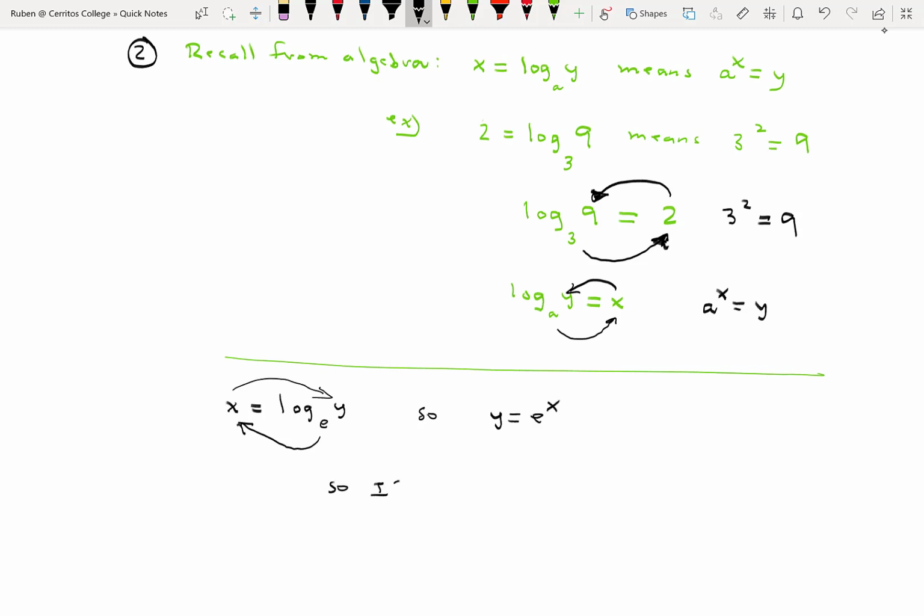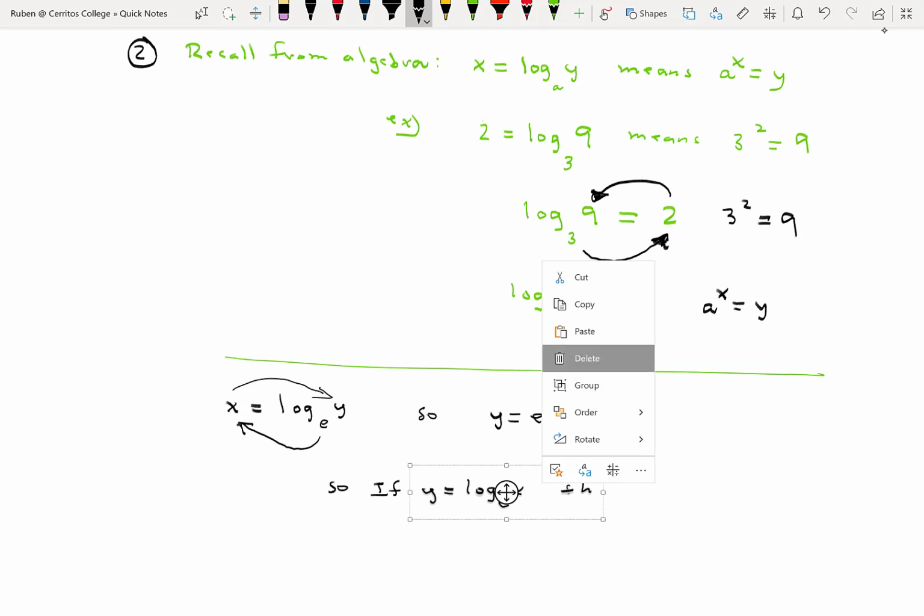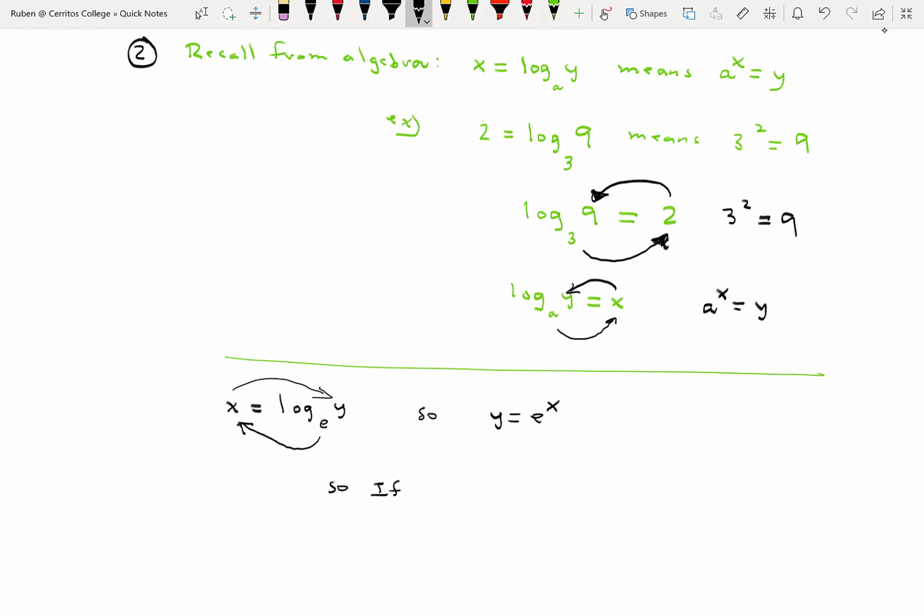We were doing this in terms of inverses, so let me restate this again. If f of x equals log base e of x, then f inverse of x equals e to the x.